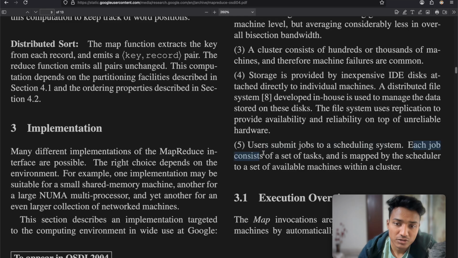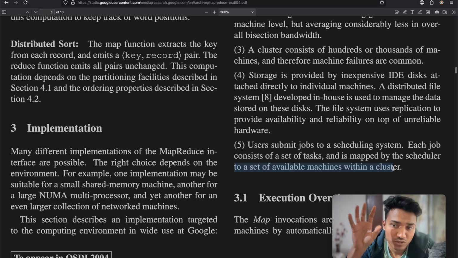User submits job to a scheduling system. Each job consists of a set of tasks and is mapped by the scheduler to a set of available machines within the cluster. What they mean is pretty easy: the user can submit a job to the scheduling system.